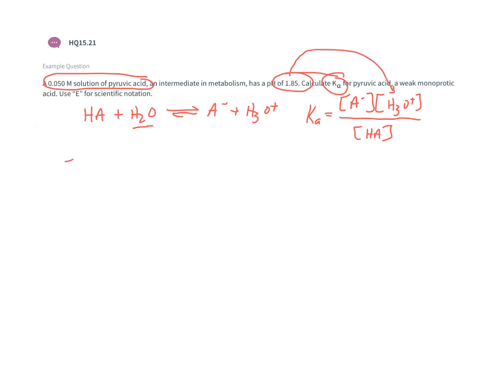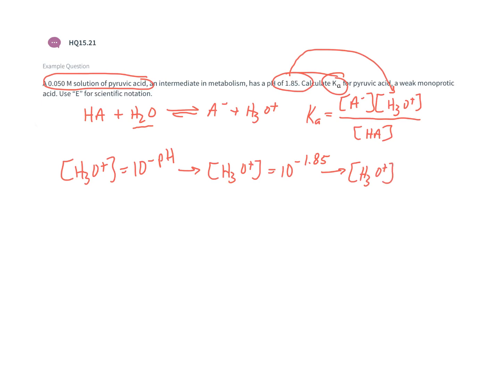So we can find the hydronium ion concentration because that equals 10 to the negative pH. So I can find the hydronium concentration by taking 10 to the negative 1.85. That's going to give me a concentration of hydronium of 0.01412 molar.